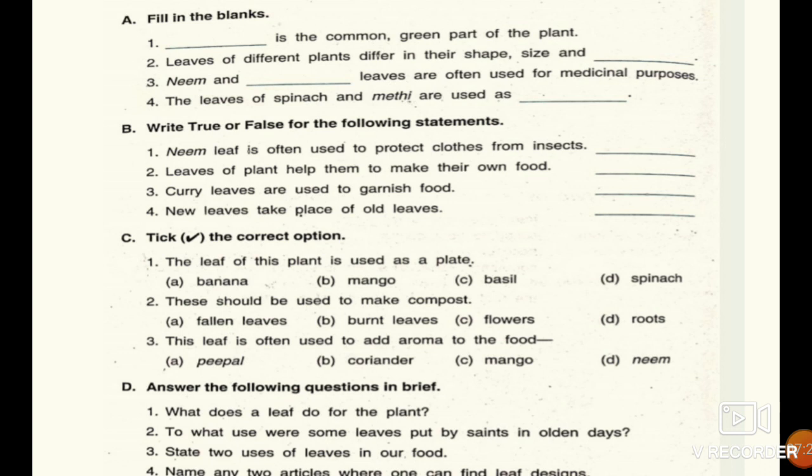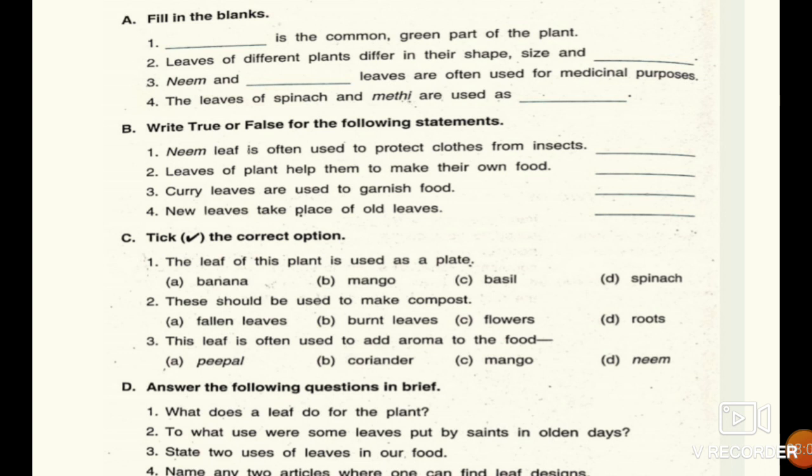Curry leaves are used to garnish food. True. New leaves take place of old leaves. You have just read shedding of leaves. New leaves take place of old leaves. This statement is also true. Tick the correct option. The leaf of this plant is used as a plate. Answer is banana. This should be used to make compost: fallen leaves. This leaf is often used to add aroma to the food.